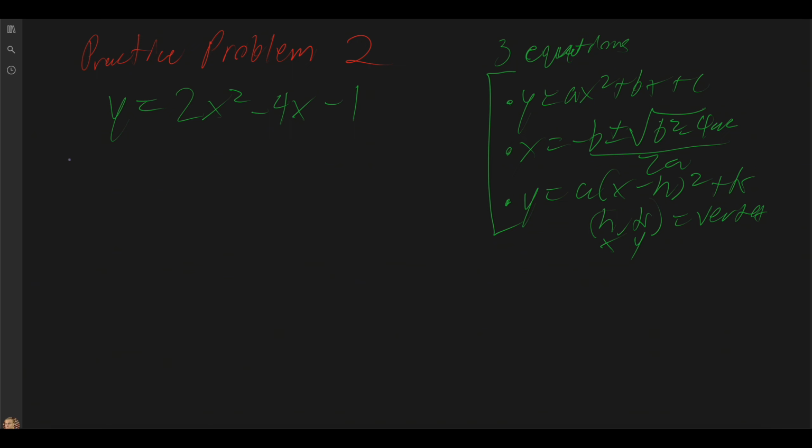So for us to be able to figure out exactly what we need to do, the steps that we need to follow are: one, we need to figure out the vertex. Second, determine the axis of symmetry.